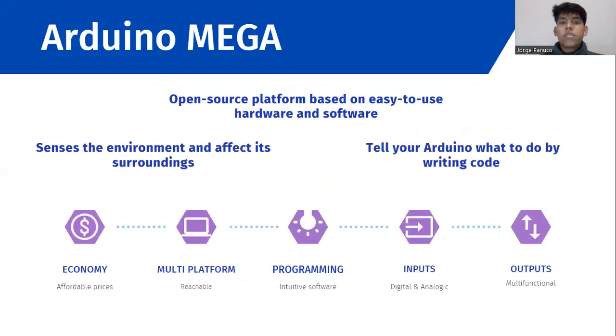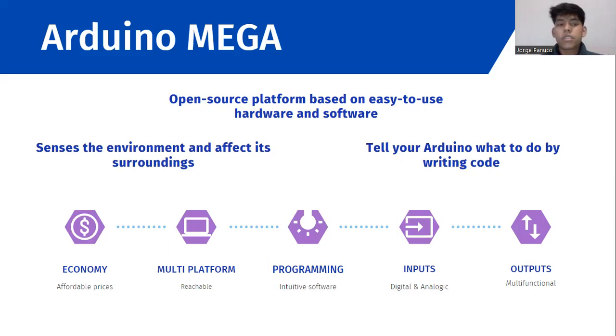As you can see, our controller is going to be Arduino Mega. Why? Well, because it's an open source platform based on easy to study and use hardware and software. This programming environment is very simple and direct. Even a child from secondary or a teenager from high school can use it.